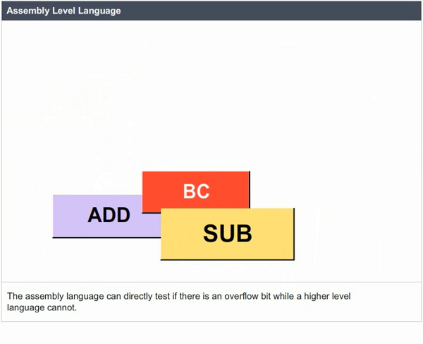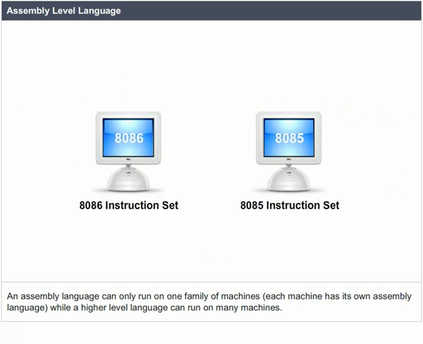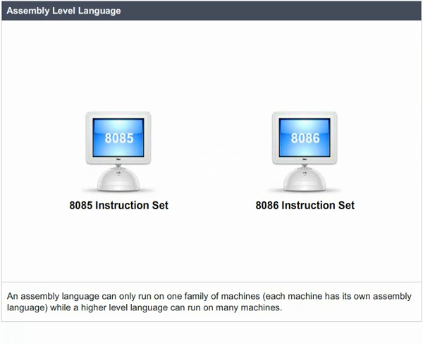The assembly language can directly test if there is an overflow bit while a higher level language cannot. An assembly language can only run on one family of machines. Each machine has its own assembly language, while a higher level language can run on many machines.